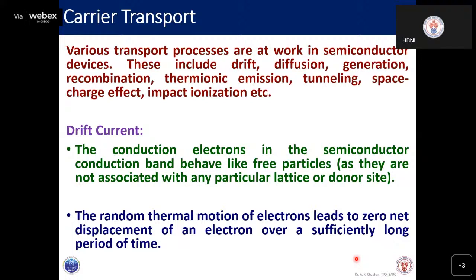So it keeps on moving, but over a period of time, if you average out this motion, the total average displacement will become 0. One time it has moved in the right direction, sometimes to the left, sometimes to the top, sometimes to the bottom, but over a large period of time, the position will remain the same.